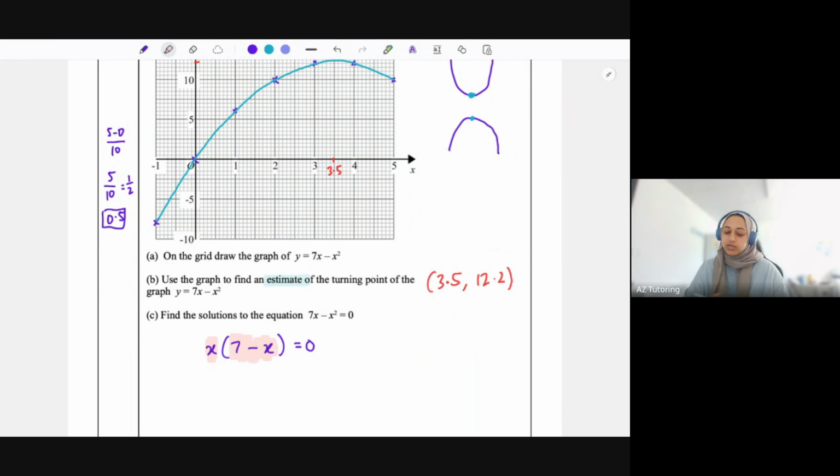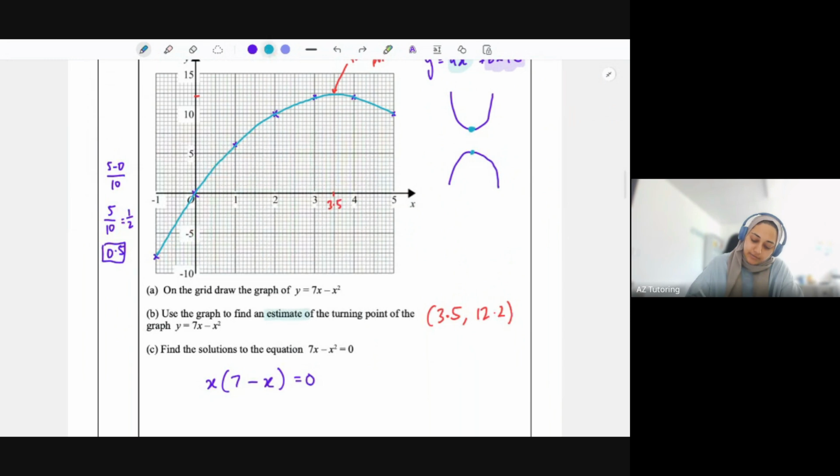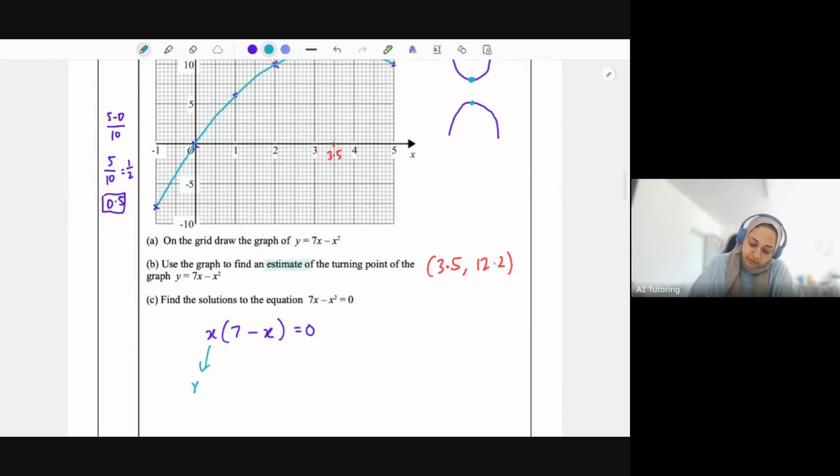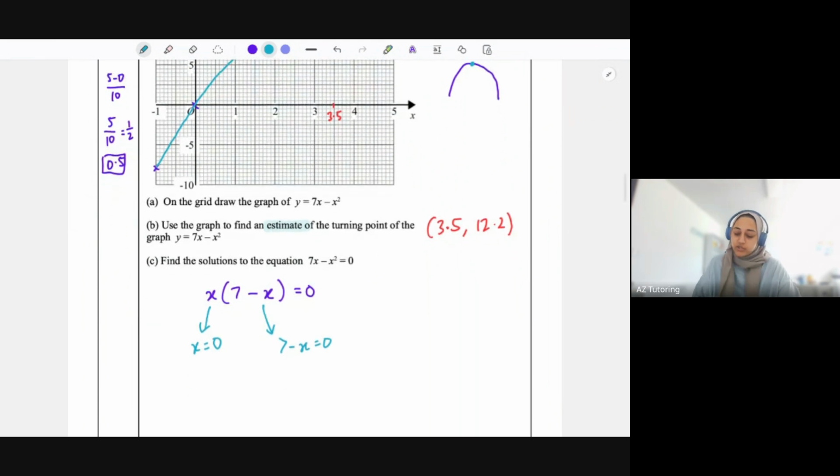So 0 times something gives you 0. So therefore, either x could be 0, which is expected because we can see x is crossing 0 on the x-axis, or we can have 7 minus x equals 0. So solving this, I just need to make x positive. I'm going to bring x over to the right-hand side. So x equals 7.